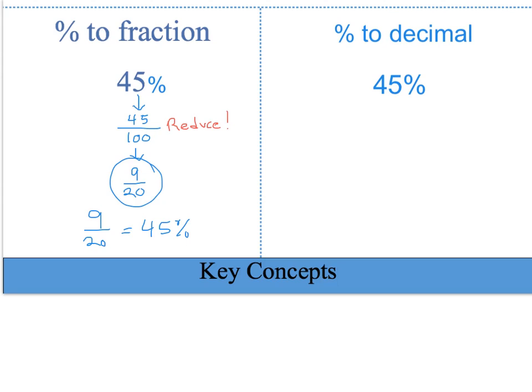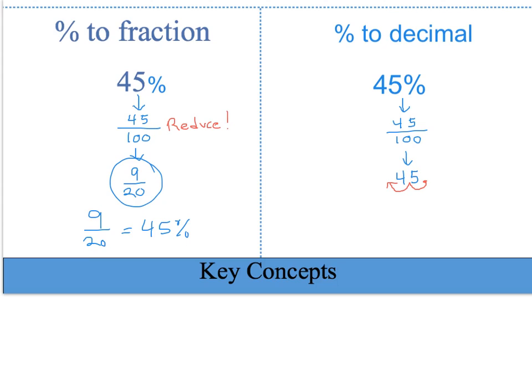Let's take a look at our second concept, which says change a percent to a decimal. If I have a percent like 45%, I can write that as 45 over 100. In this problem, I'm taking a number like 45 and dividing it by 100, which means my number is getting smaller. Anytime you divide, your numbers get smaller. So I can place my decimal here and move it 2 spaces over to the left.